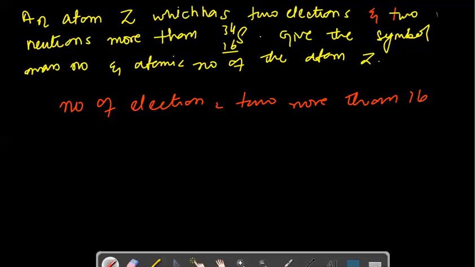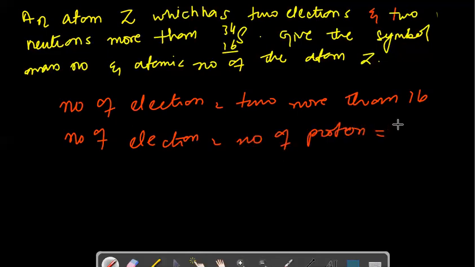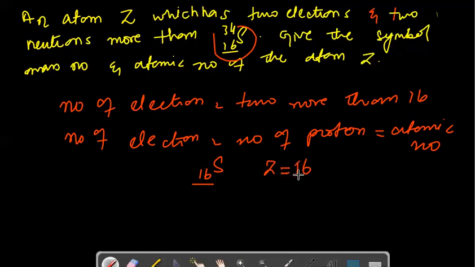As we have already discussed, the number of electrons is equal to the number of protons, and the number of protons is equal to the atomic number. So the species provided, S 16, has an atomic number of 16, isn't it so? So it will have how many protons?